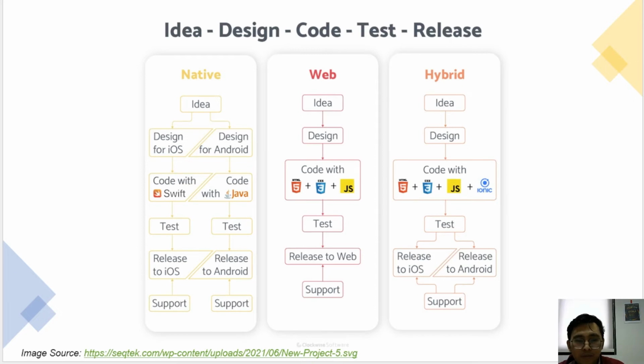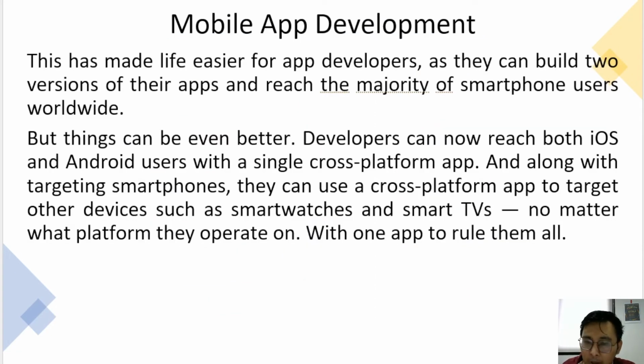The next one is how mobile app development could ease the burden on app developers or game developers, because they can build two versions of their apps and reach the majority of smartphone users worldwide. Even better, they can reach both iOS and Android users with a single cross-platform app.